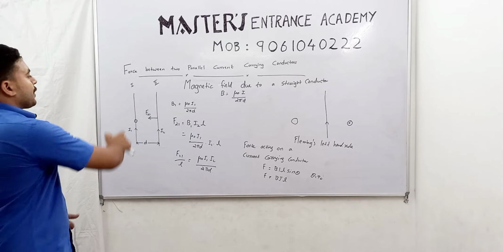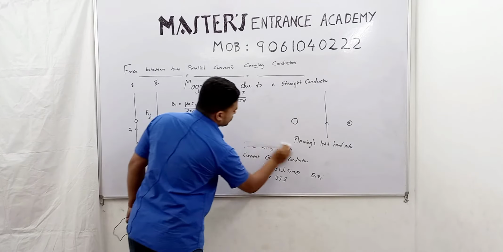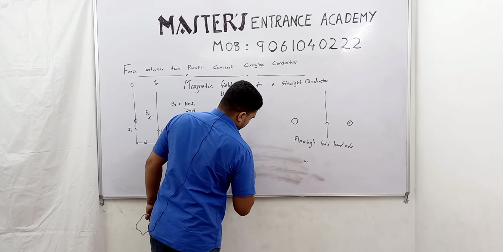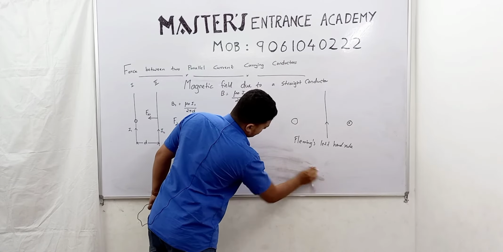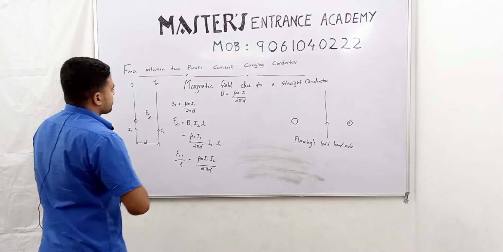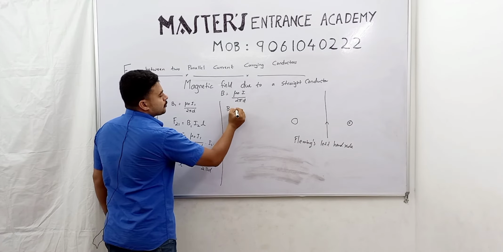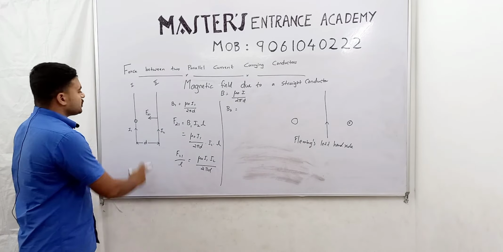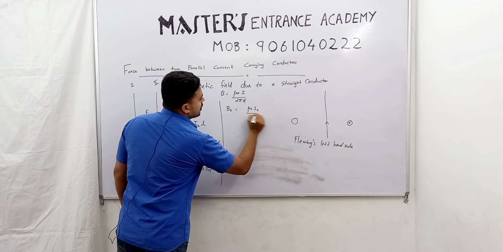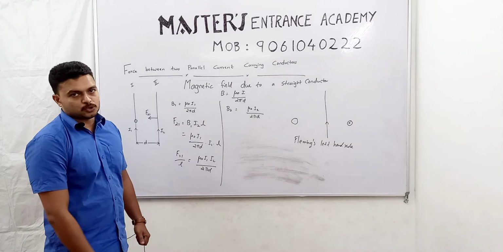Next we have to find the magnetic field produced by the second conductor, B2. B2 is equal to mu naught I2 by 2 pi d.